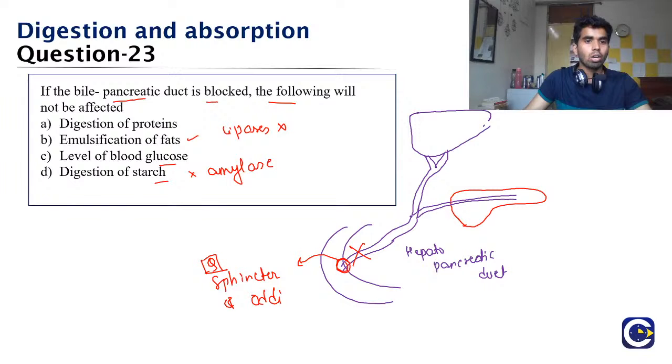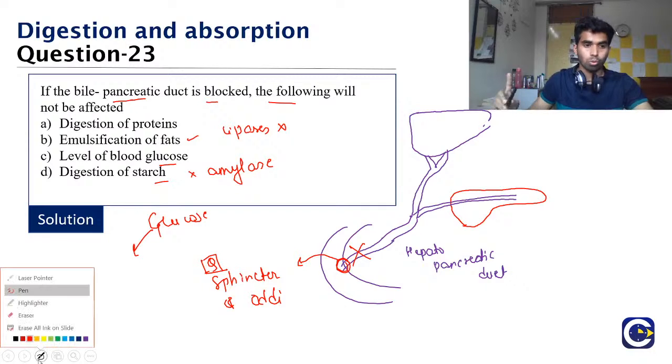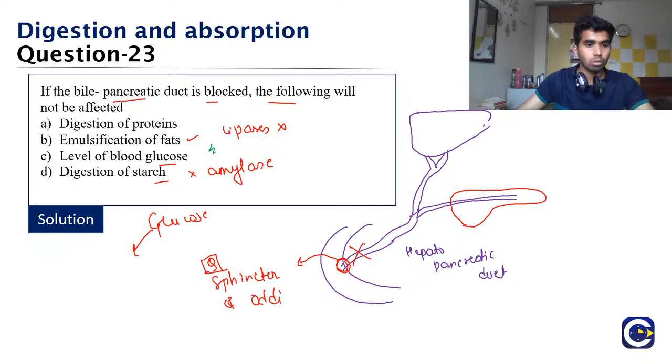But what about the level of blood glucose? Blood glucose is maintained by two hormones, mind it, insulin and glucagon. Insulin decreases the blood glucose, glucagon increases the blood glucose.